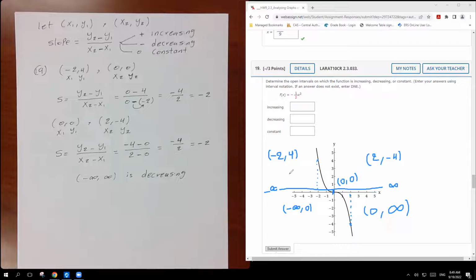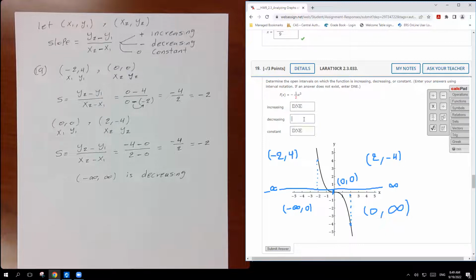So how am I going to type the solution? On this one, they're telling you if there's no interval, just write down D and E. So for this one, D and E, because there is no graph here. And the same thing, there is no constant, so D and E here.